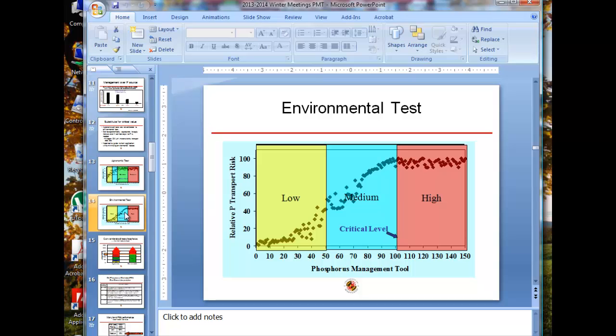Basically, somewhere around 20 to 40, there's a change point where that line of risk stays really flat, really low. Risk is low, and then when we get to 40, risk rapidly goes up. So from 0 to 40, it doesn't matter. You have the same risk and it's really low. And at 40% saturation, all of a sudden, there's a change point where phosphorus starts leaking out of the soil, either as dissolved P in runoff or dissolved P in the leachate.